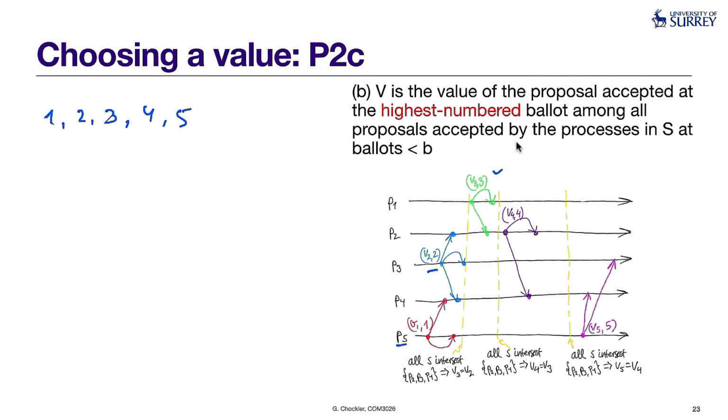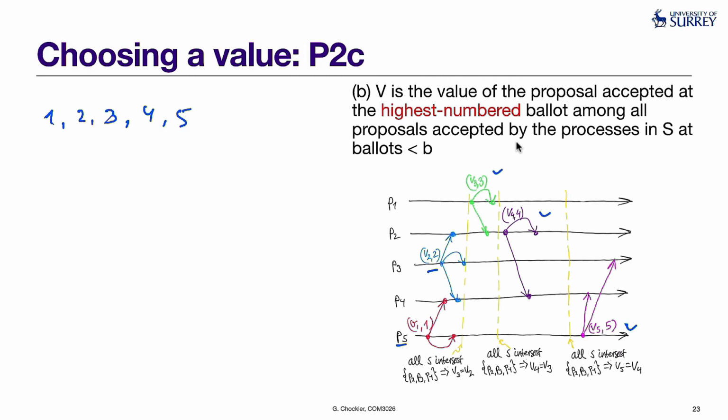Ballot 3 P1, ballot 2 P4, and ballot 5 again P5. Okay. So now we actually have values chosen in this scenario, and the earliest ballot at which a value is chosen is ballot 2.